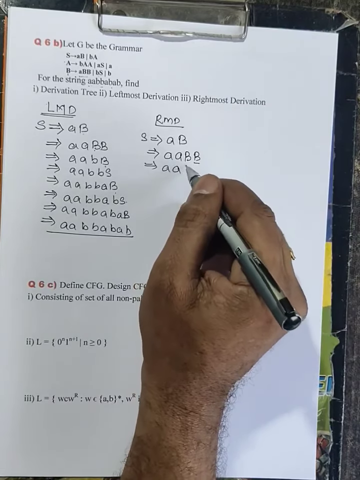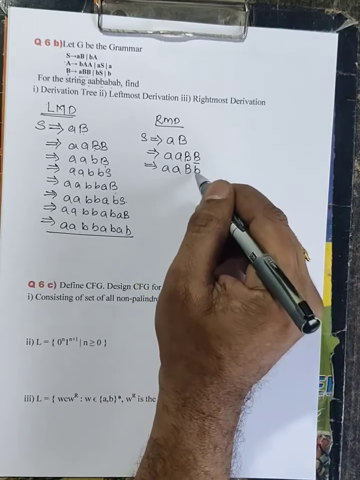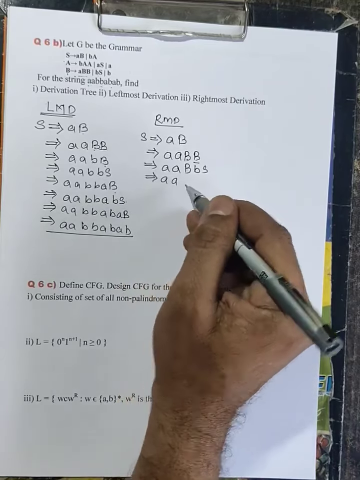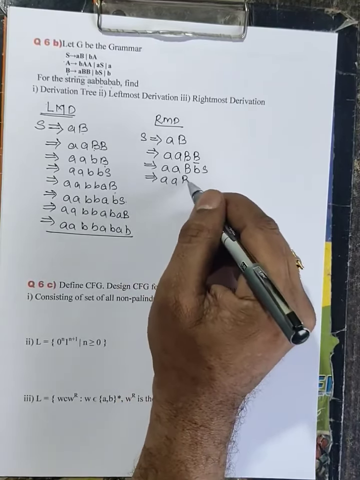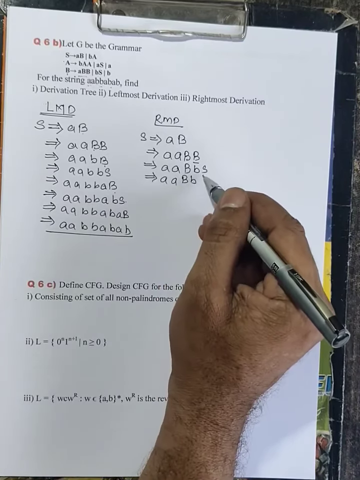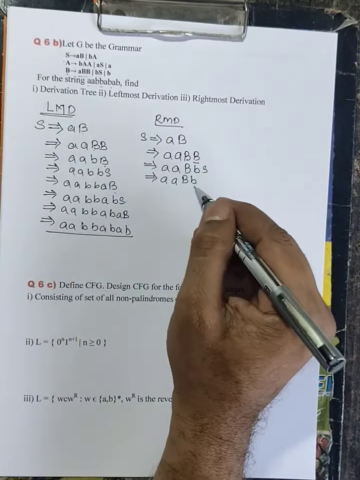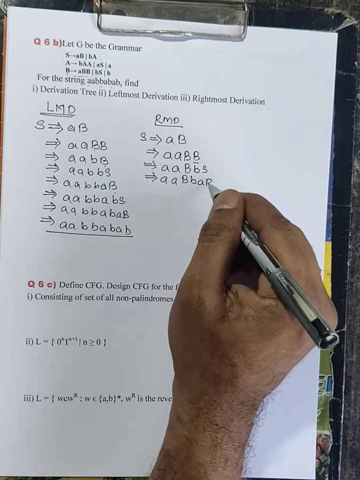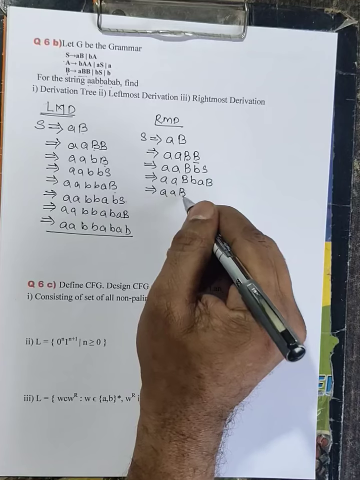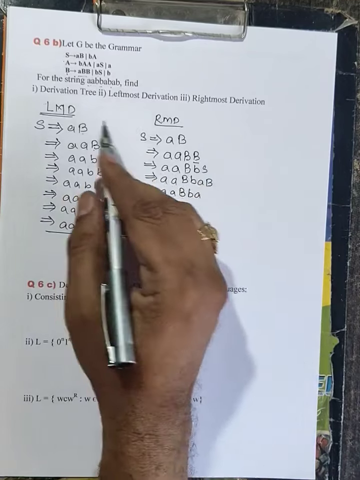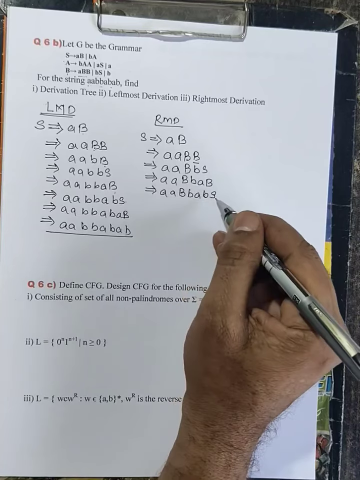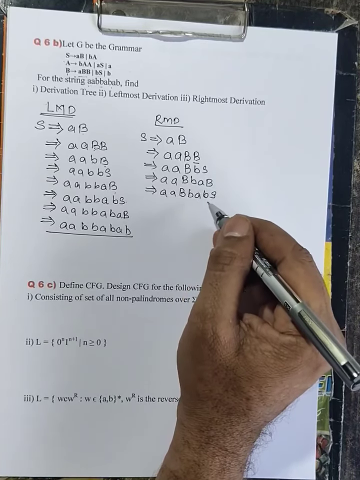A, first B as it is, B. B as it is, this terminal B as it is, again S replaced with AB, AB. Again B replaced with BS. B replaced with B.